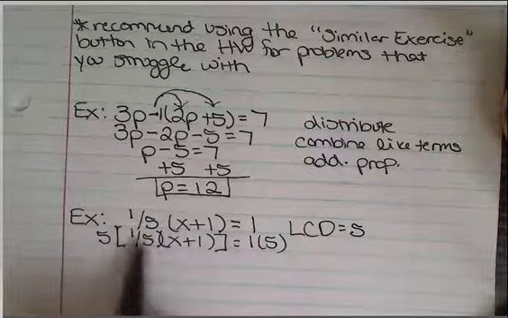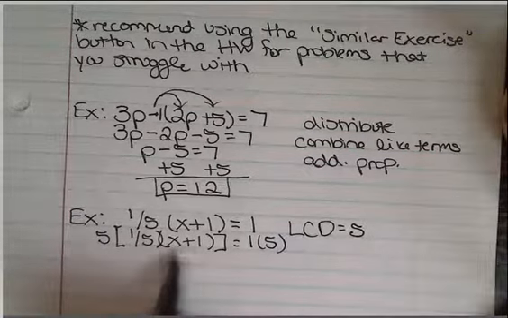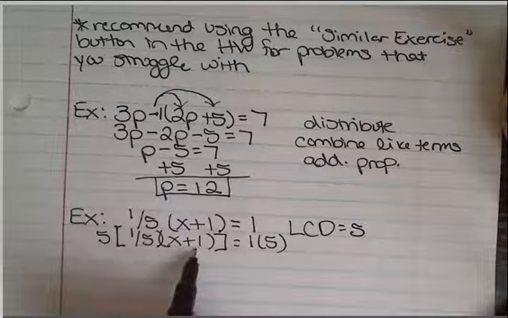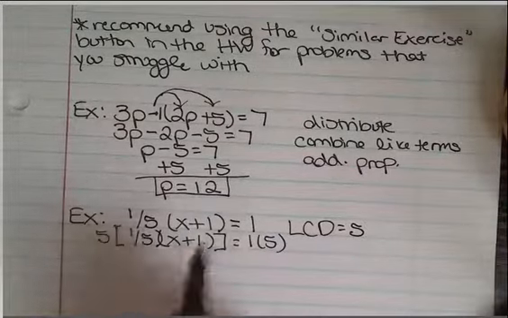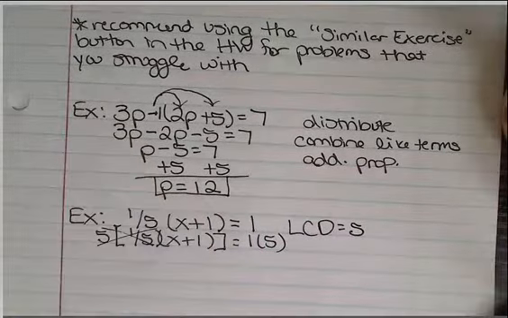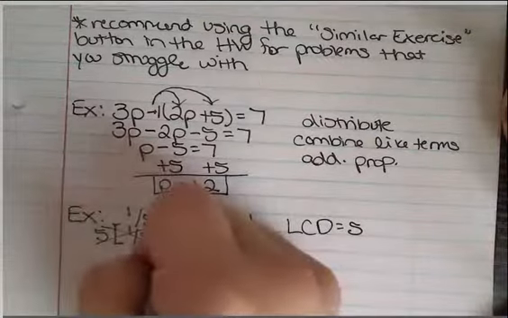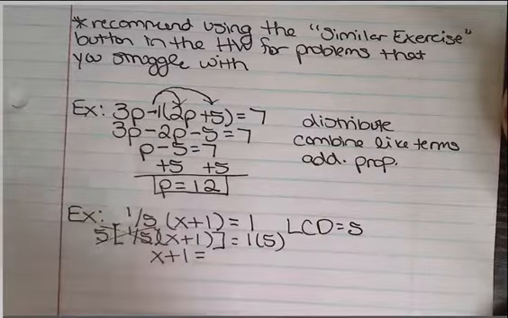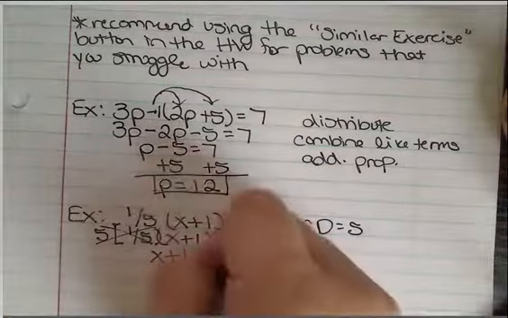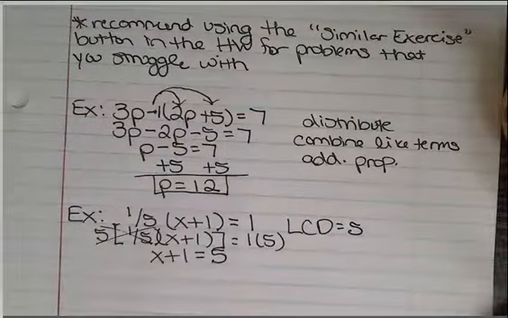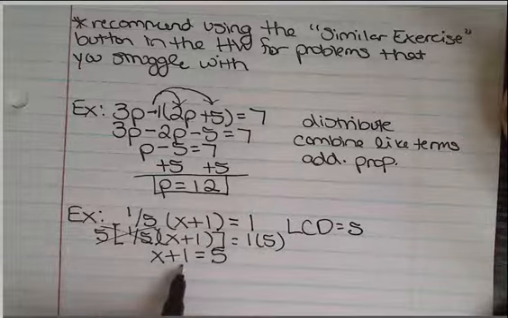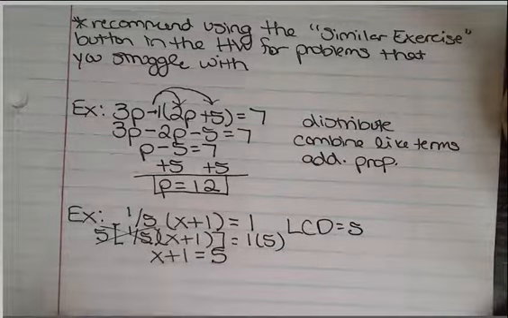So that's just going to cancel out right there. So that's going to leave us with x plus 1 equals 1 times 5 is 5. We don't have to combine like terms or distribute, so we get to skip both of those levels. Now we just get to do the addition property, which will be minus 1 minus 1. So we're left with x equals 4.